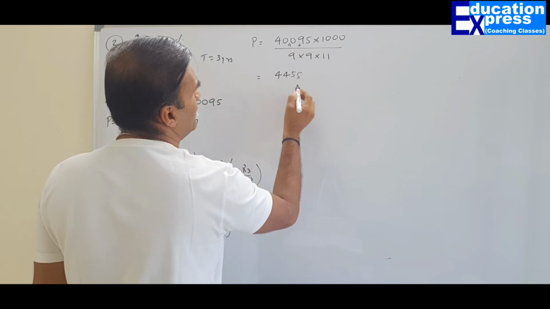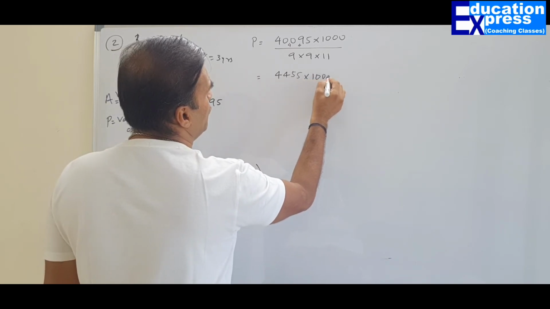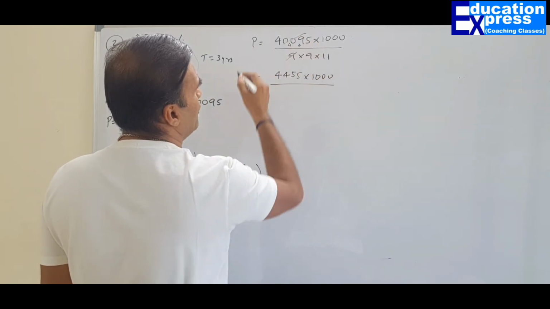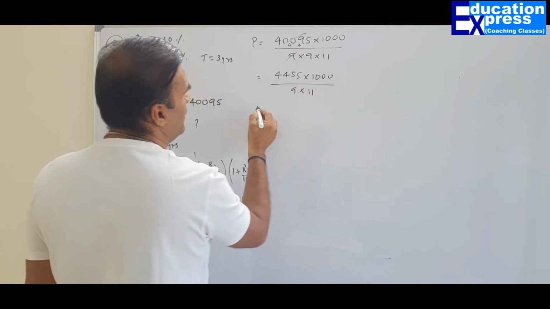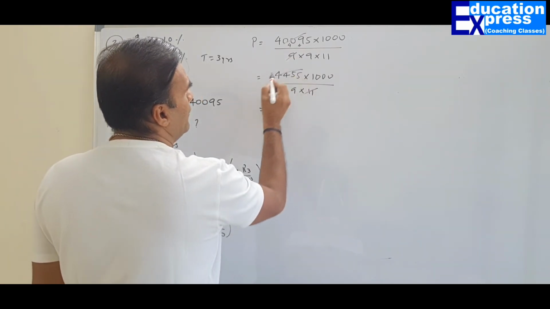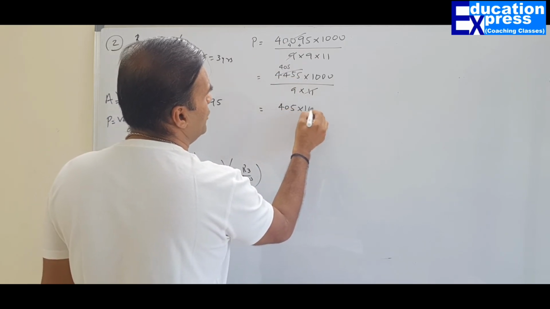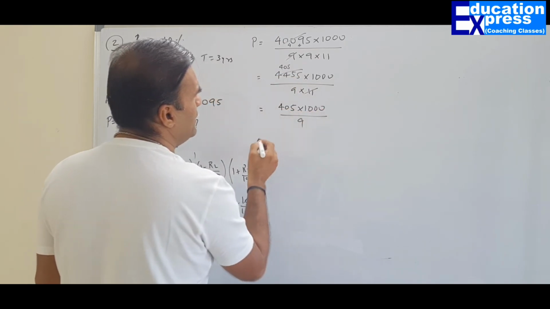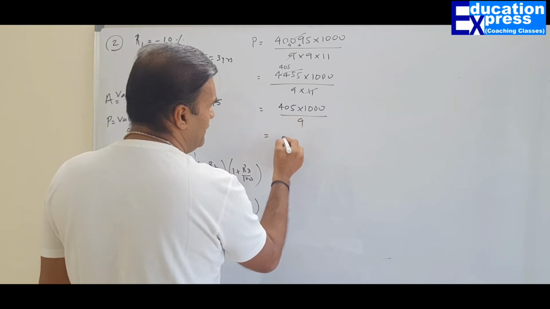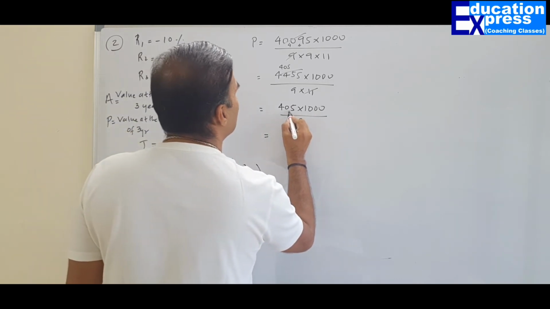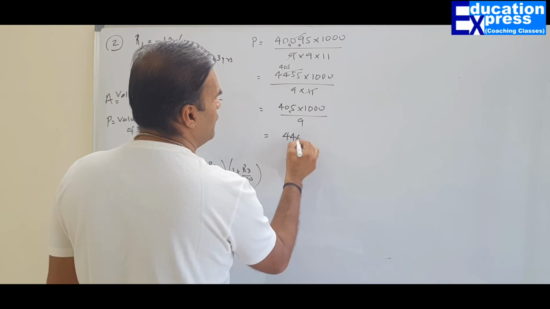Then divide by 9 again, and then by 11, to get 405 into 1000 upon 9.